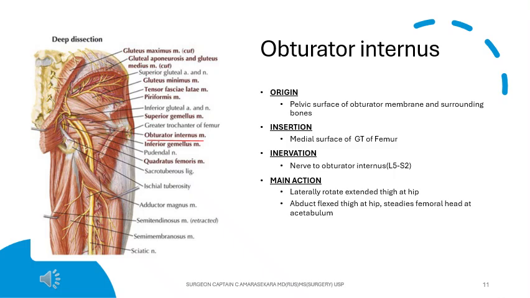In summary, the obturator internus is more than just a lateral rotator. It's a pelvic stabilizer, a clinical landmark, and a radiological guide. A clear understanding of its anatomy enhances both diagnostic precision and therapeutic planning.